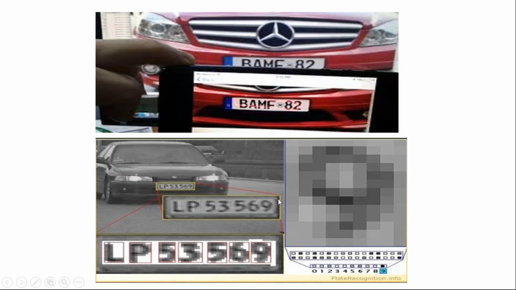It will identify the number plate of each vehicle, and it will store it automatically. It will send a challan to that particular vehicle owner. This is what is happening in the sector of detecting signal jumping. This is an interesting example which all the traffic police are using nowadays.